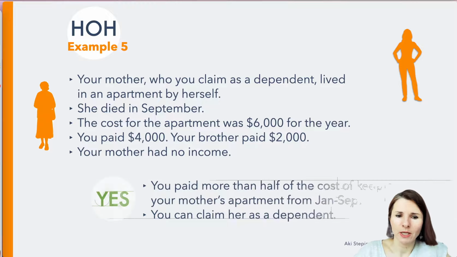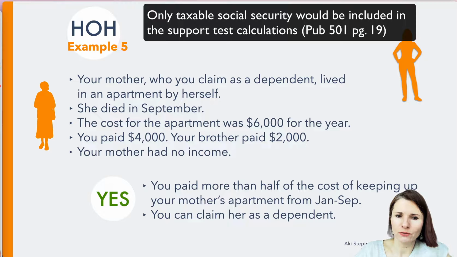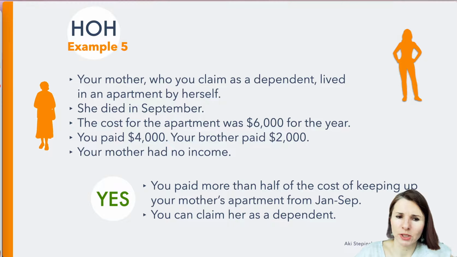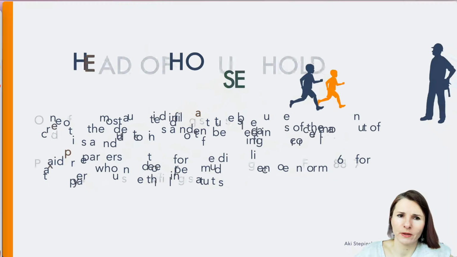In this situation, you paid more than half of the cost of keeping up your mother's apartment, right? $6,000 was the total, and you paid $4,000, so that's more than half, and you were able to claim her as a dependent. So you could file as head of household based on this example.